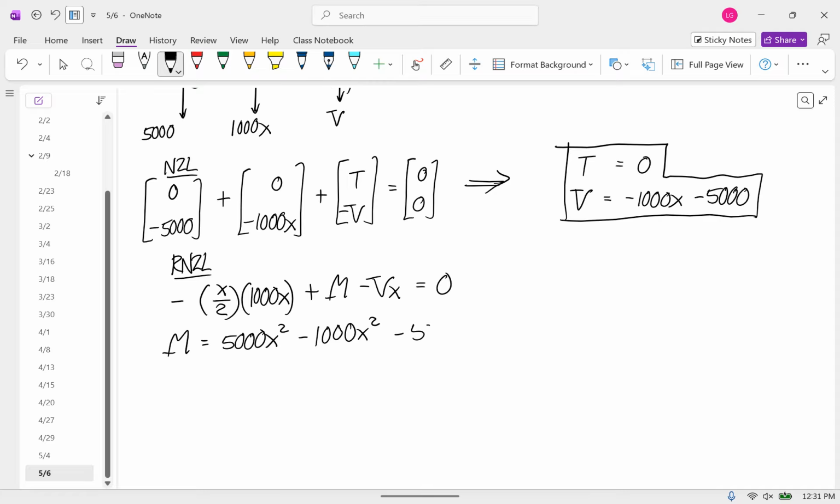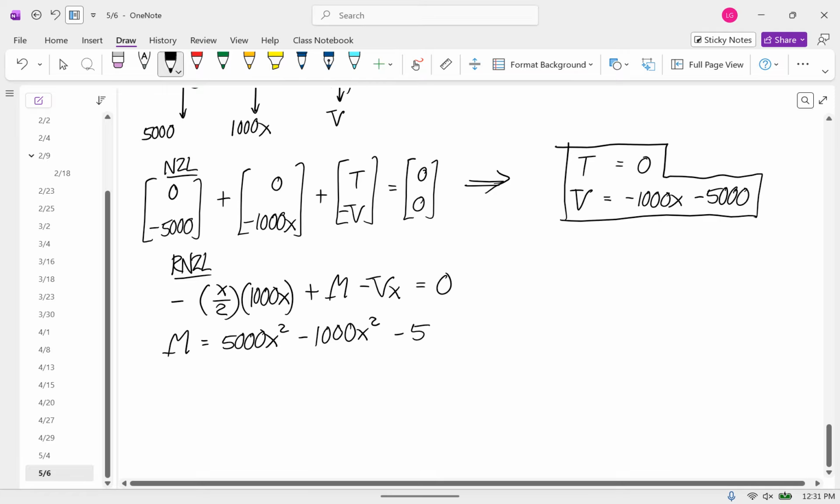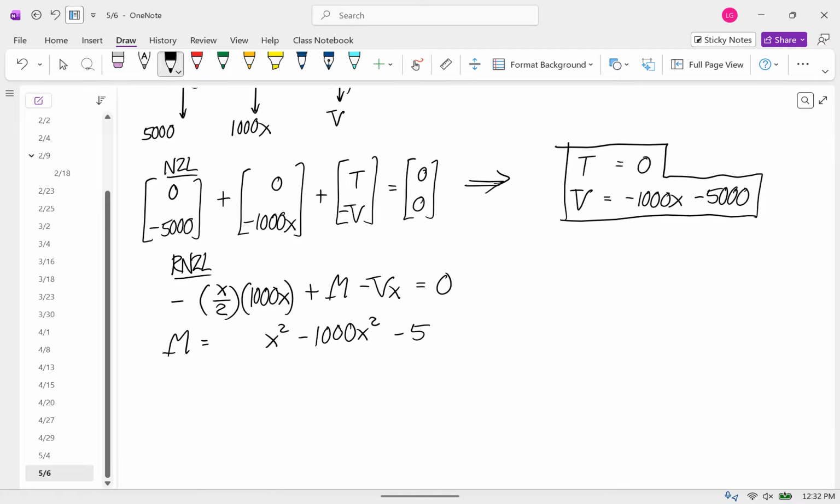Would it be 500? Yes. Minus 5,000x. And so put that together and you get a bending moment of -500x squared minus 5,000x.